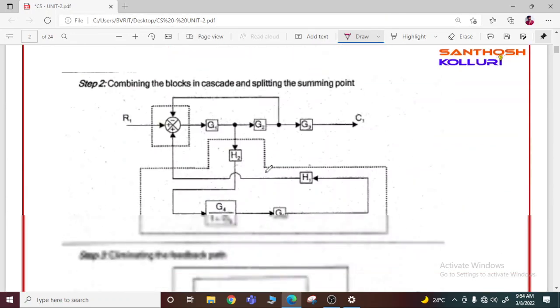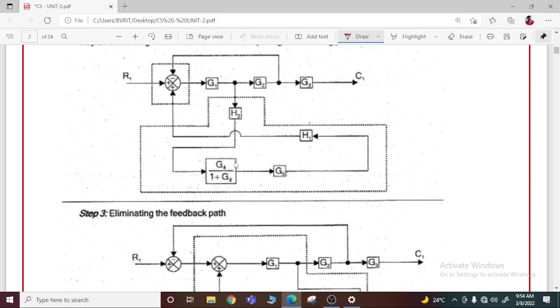So that is my next step. So this is G4 by 1 plus G4. Now what are you doing here? From this point, the H2 block is there, and that block is in series or a cascaded connection, and the G5 block is also there, which is connected in cascade, and the H1 block is there, which is connected in cascade, and which is connected as a positive feedback to the summing point.